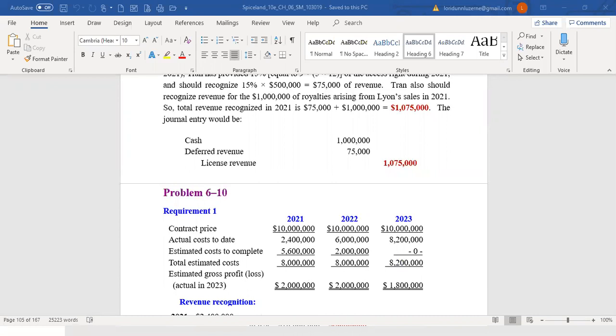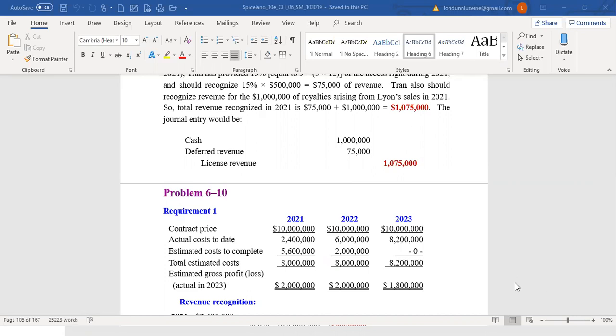How do we determine the dollar amount that we show this year? We first need to determine the total costs that have been incurred to date. They give that, 2.4 million. How much in additional cost do we expect to have?